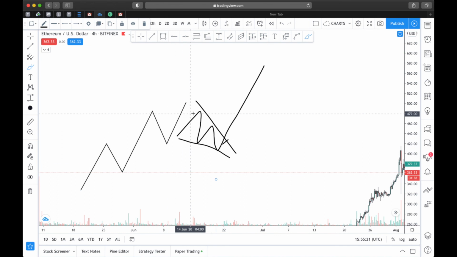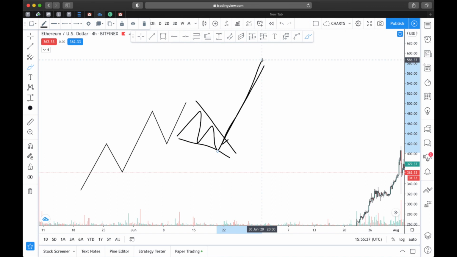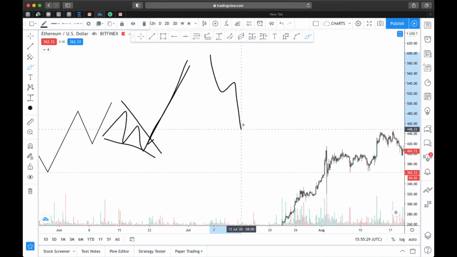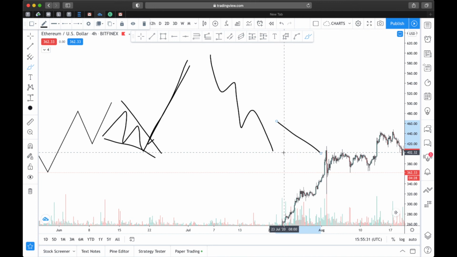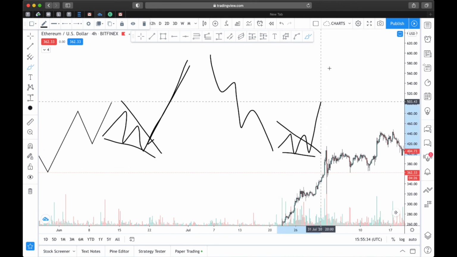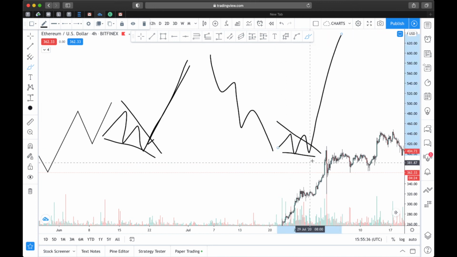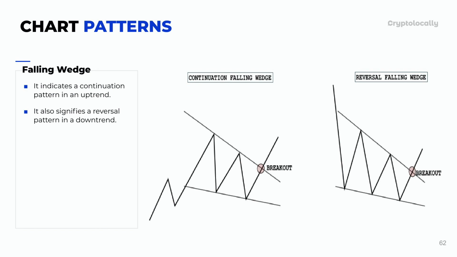If price has been going up and you see a falling wedge, most likely 80% of the time price will break to the upside and continue going up. But when you see them in a downtrend, they represent reversal. Do you understand? So that's basically all you need to know about falling wedge.